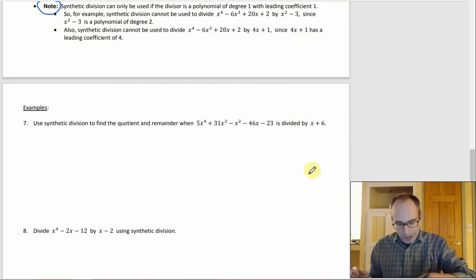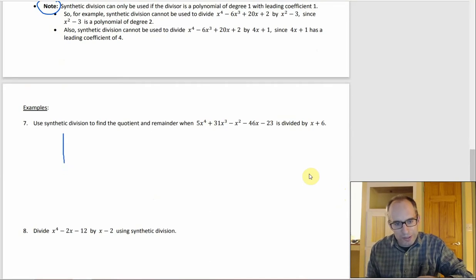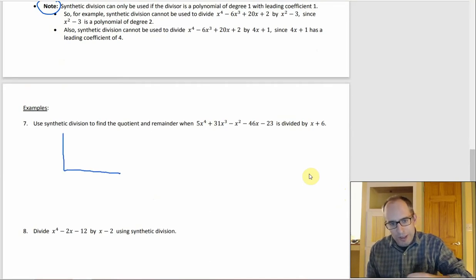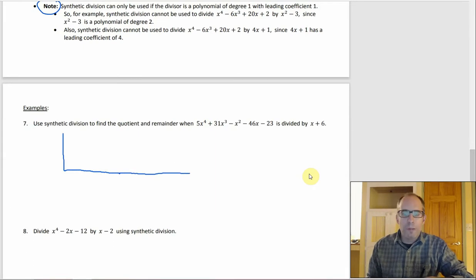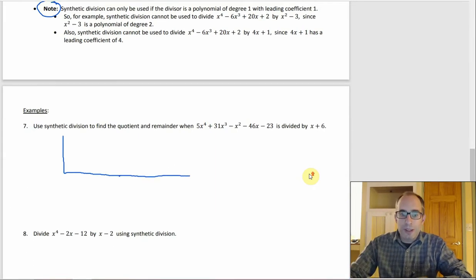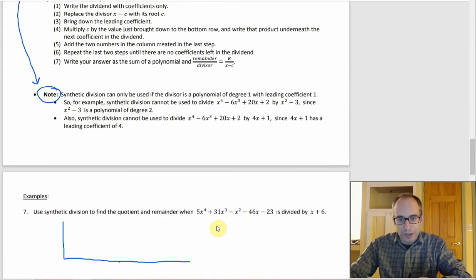So what does this look like? Well, there are a couple different ways to draw it. I basically draw it like this, where I make kind of a division symbol but bigger and upside down. And if I go by the steps, the first thing is write the dividend with coefficients. So here's your dividend, this long polynomial right here.